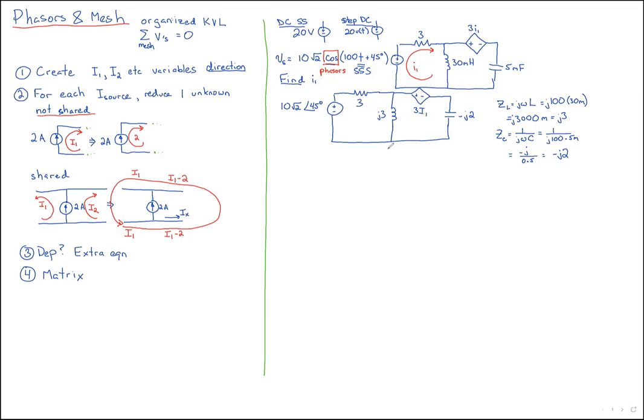At this point, we need to fill in all of our variables. So we've got our I1, which is now going to be drawn capitalized. And I would say, what's the smartest way to solve it? Can we solve it using simplification? Could I take a source transform of these two?